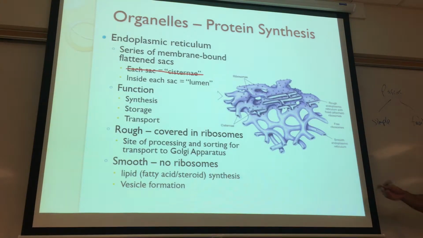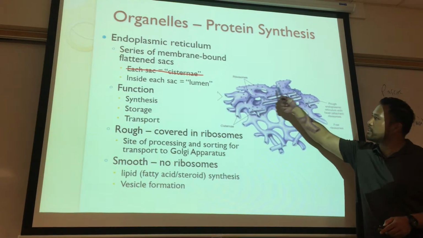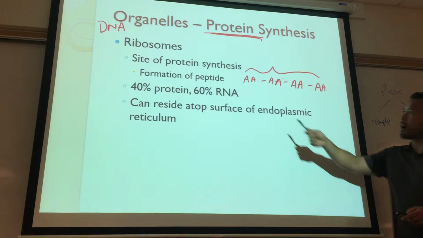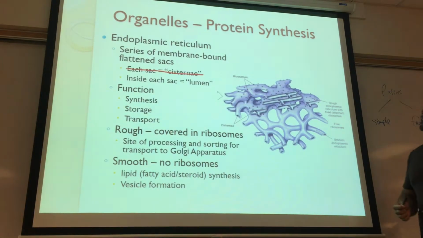So you'll notice about the endoplasmic reticulum that this one specifically is studded by ribosomes. So it's not uncommon for you guys to find ribosomes that are embedded on top of the endoplasmic reticulum. It serves as a one-stop shop for protein synthesis to take place.